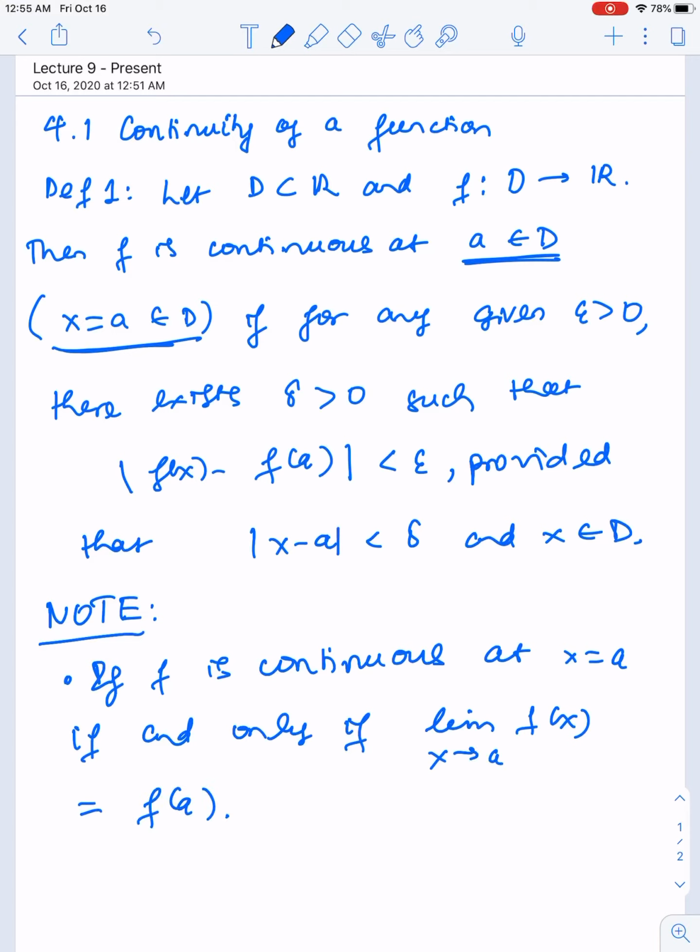So the definition over here just means that the limit of the function f(x) is just the number f(a). In the definition of the limit that we presented in chapter 3, the limit is the number L, but in this case L is replaced by f(a), which is the limit of the function.